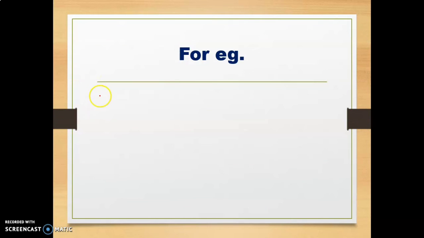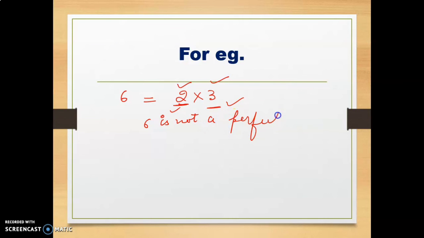For example, suppose I say 6, and you have to check whether 6 is a perfect cube or not. If I factorize it, I get 2 into 3. Can you see? 2 is not in a triplet and 3 is not in a triplet. That means 6 is not a perfect cube. For example, suppose we have 27.